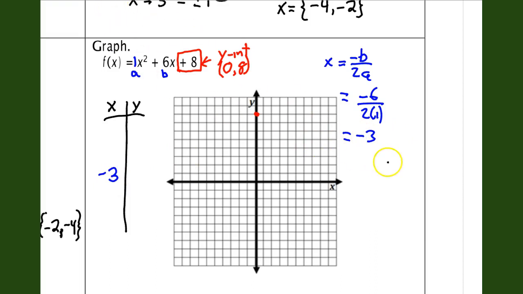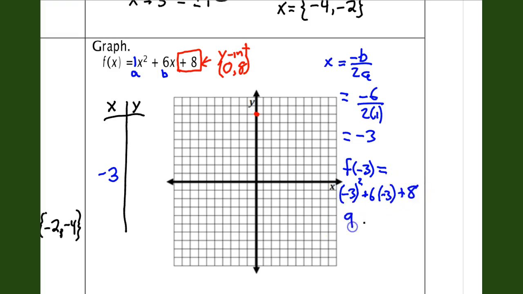And if I want to find the y value, this is where you plug negative 3 back into your original function. You find f of negative 3, and that'll give us this value. So we'll have negative 3 squared plus 6 times negative 3 plus 8.